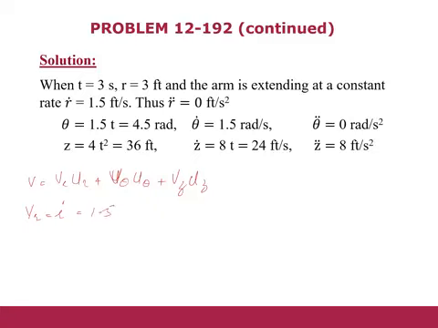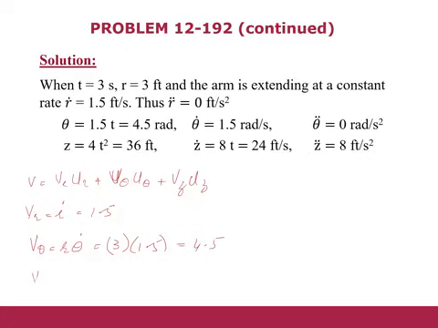And for v theta we have r theta dot, where r is 3 feet, right? So this is 3, theta dot is 1.5, so you will get 4.5.